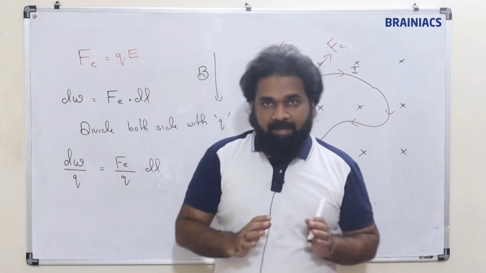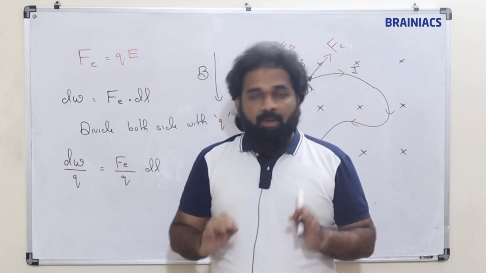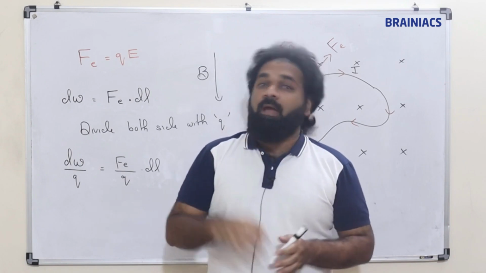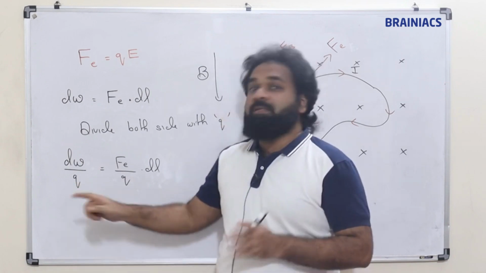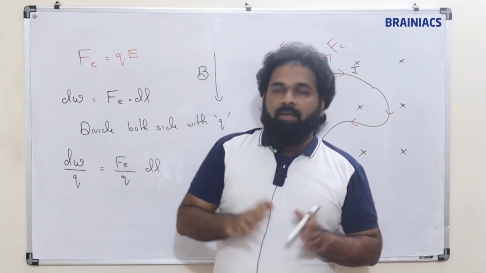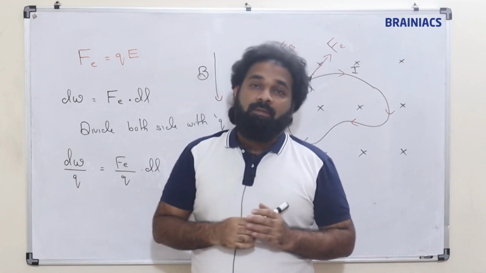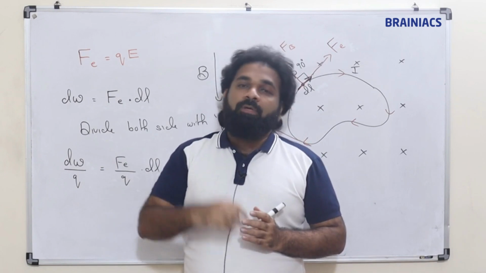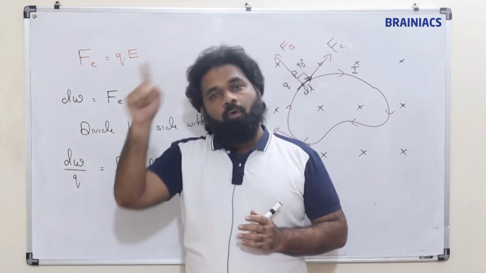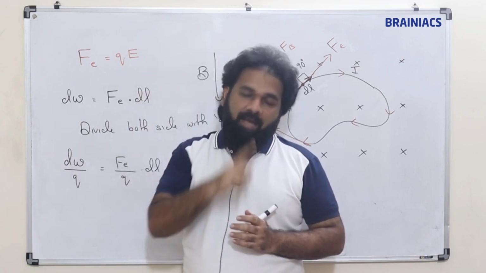When we studied current electricity, we did one definition and one problem based on this. The definition of EMF was the work done to take a charge through a closed loop, a closed path.